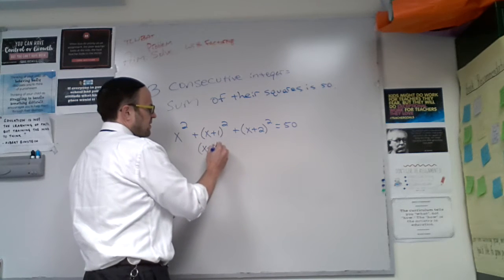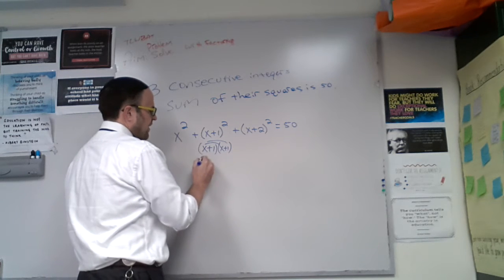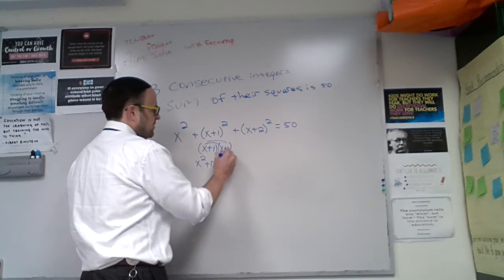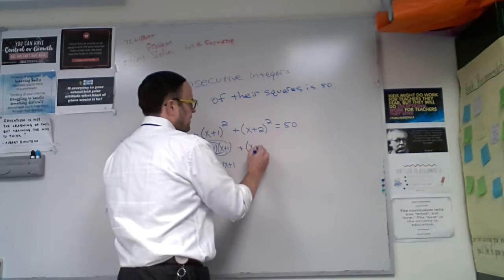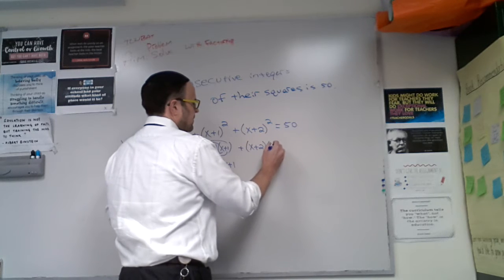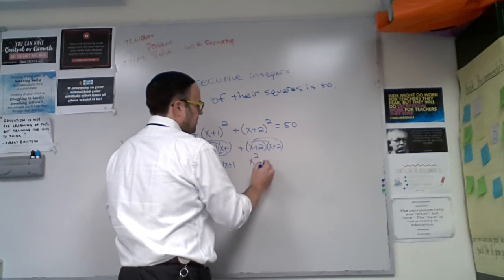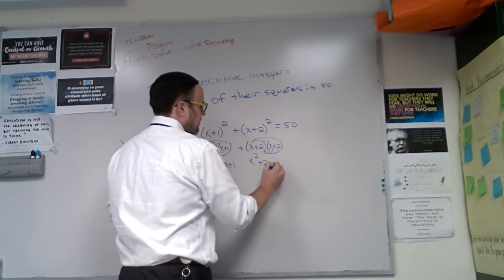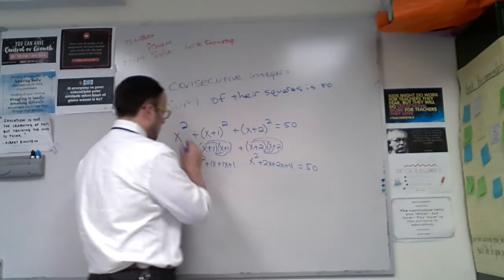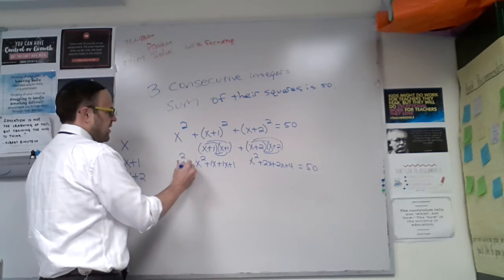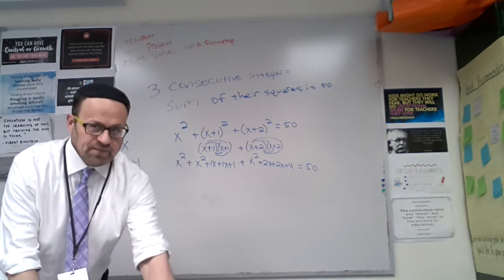This one, let's make sure that we expand it out. x squared plus 1x plus another 1x plus 1. Let's do the same thing here. Expand it out. x squared plus 2x plus 2x plus 4 equals 50. Bring down that first x squared, bring down the plus sign, bring down this plus sign.